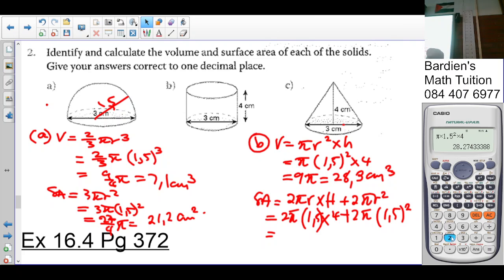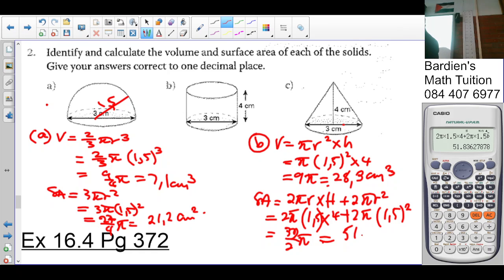Which gives you 2 pi times 1.5 times 4 plus 2 pi times 1.5 squared. Gives us 33 over 2 pi. Is that correct? 33 over 2 pi gives us 51.8. Is that correct? 51.8 centimeters squared.